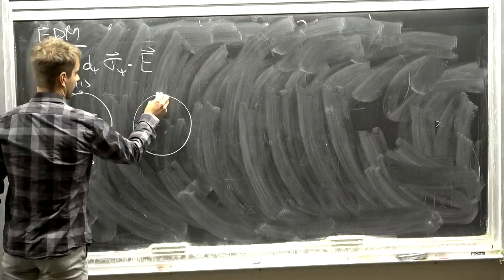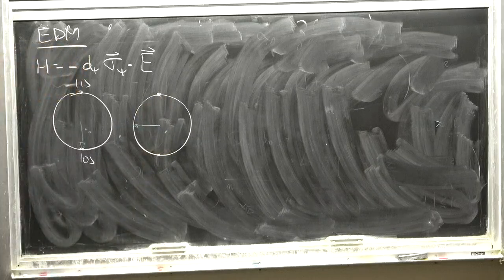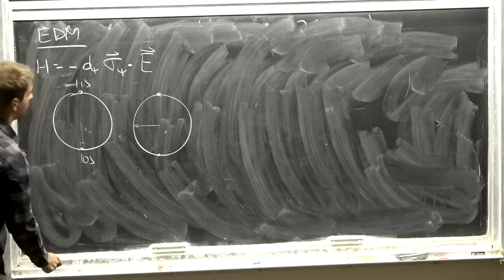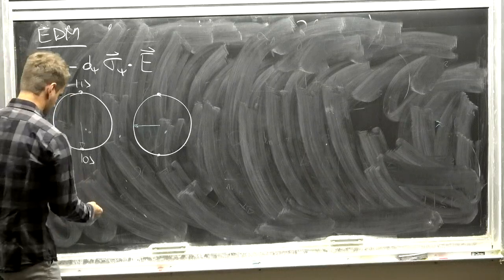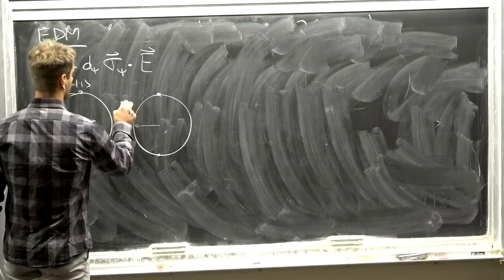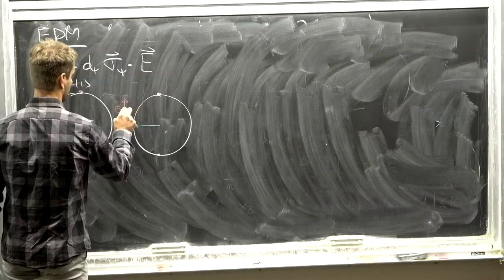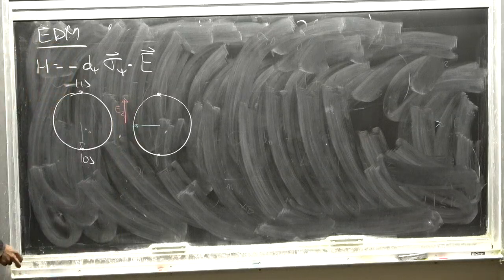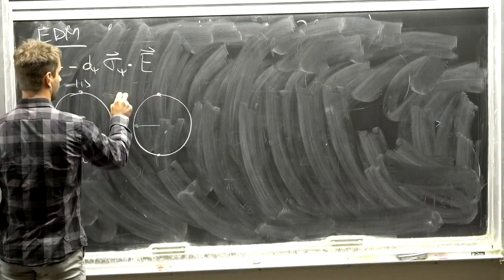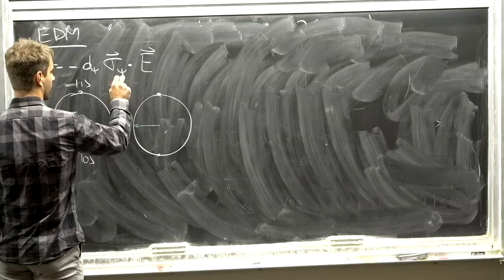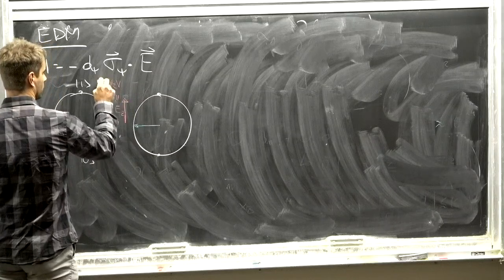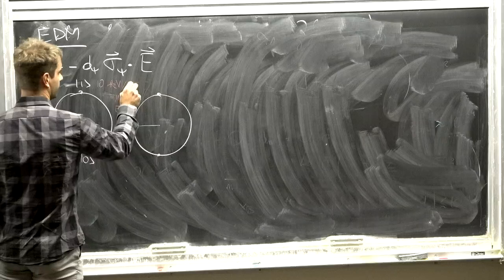So effectively, that means it's in a superposition of spin up and spin down. And if then you apply some electric field in the z direction, the largest electric field we can apply in the lab before you get electric breakdown is about 10 kilovolts per centimeter.